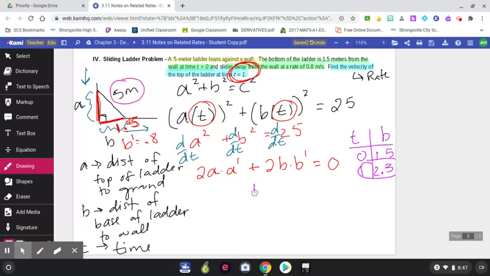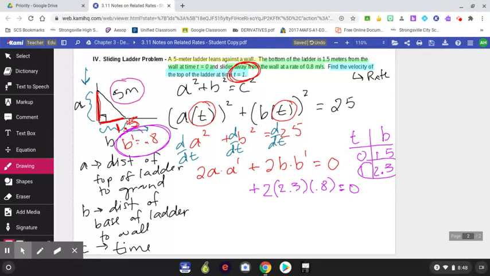Okay, so here's what I know. My b, the distance that the base of the ladder is from the wall at time t equals 1, is 2.3. I know that the rate at which that distance between the base of the ladder and the wall is changing is 0.8. That's the b prime. We had that written here in our picture.